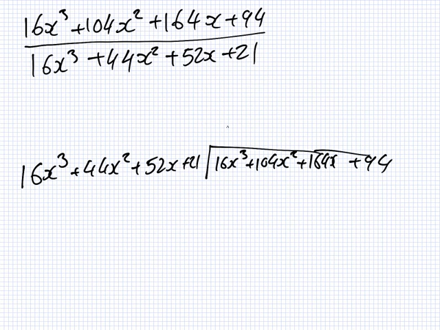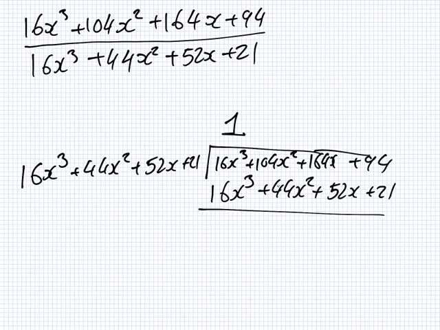So what do I have here? 1. 16x cubed plus 44x squared plus 52x plus 21. What's that? 60x squared, 112x, 73. No. Yes. No. Oh, 94.